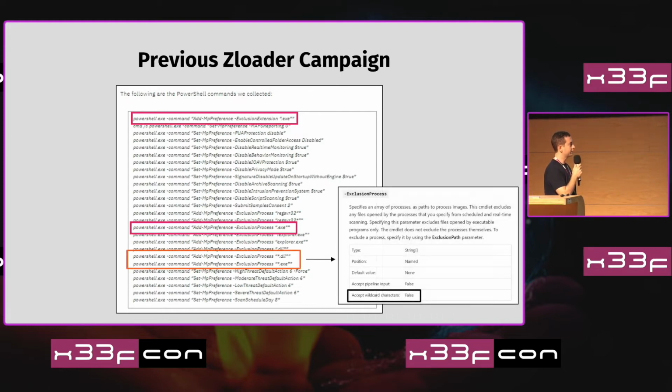Another funny thing that I found is, like many of us, we jump into writing code without reading the documentation first. They try to also exclude .exe and .dll files using a wildcard, but this argument does not accept a wildcard, so it's a funny thing that I found.